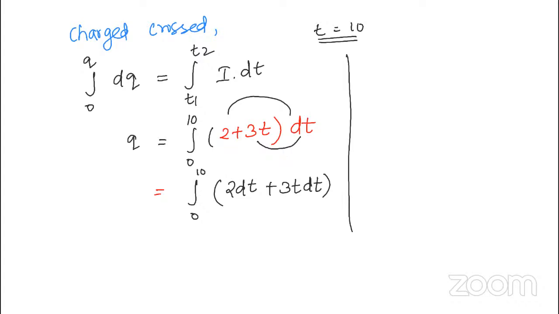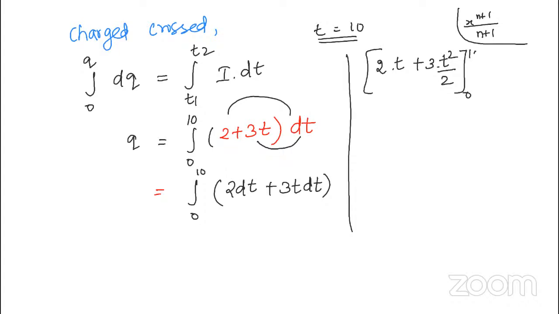2 into dt when integrated becomes 2t, plus 3 into t, when integrated, is 3 into t square by 2, with the limits 0 to 10. That is the formula x power n plus 1 divided by n plus 1.